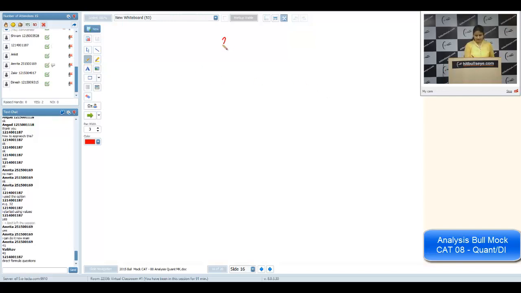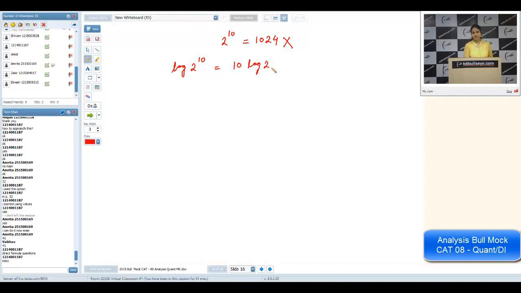I'm starting with 2 raised to power 10. Since you know the value of 2 raised to power 10, that is 1024. Suppose you don't know the value of 2 raised to power 10, and the question says find the number of digits in 2 raised to power 10. How can we calculate it? We will take its log. You must know the log values: log 2, log 3, log 5.